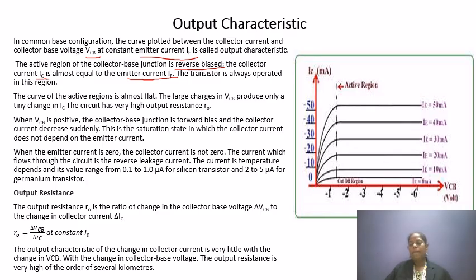See, when IE is 50 milliampere, the IC current is 50 milliampere. If we reduce to 40 milliampere, it is 40. So the curve is very flat. And if there is no input current, we still have a very small amount of leakage current. Clear?